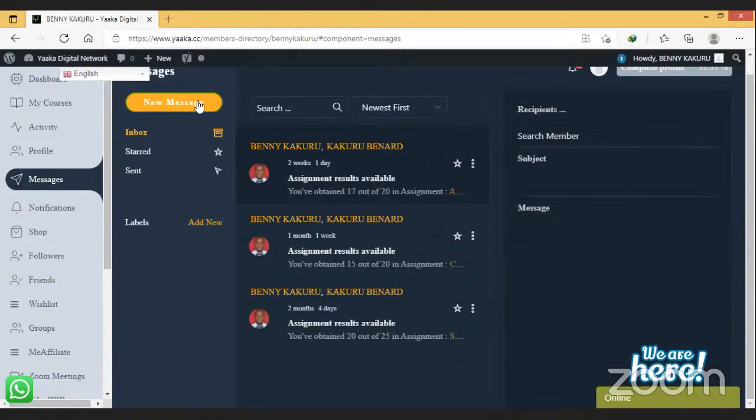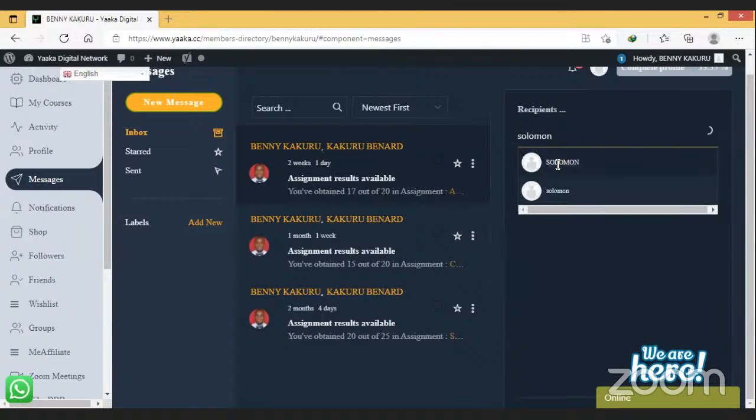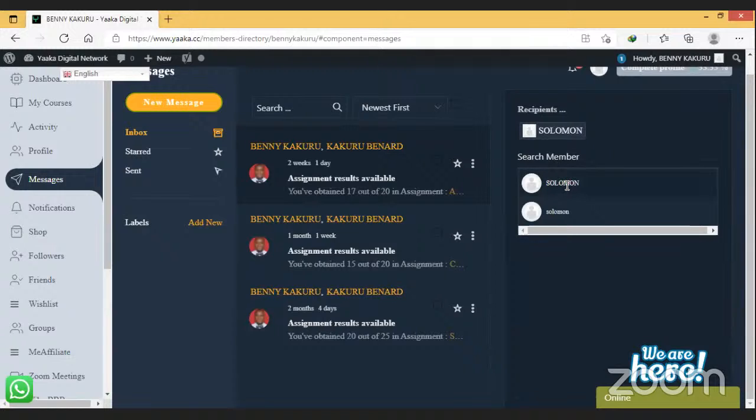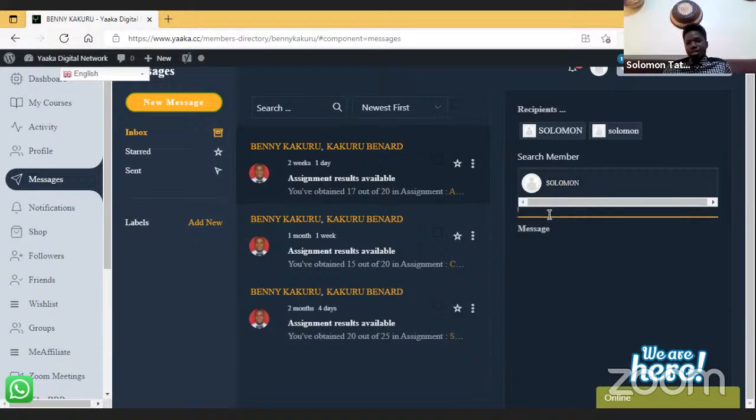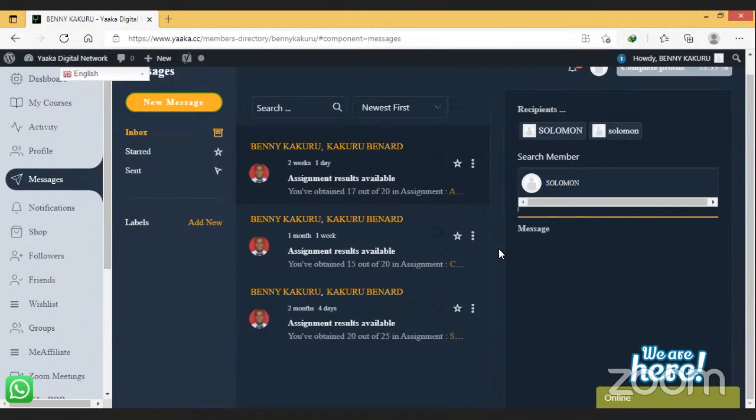So I compose. I search for Solomon again. You've chosen all of us, huh? It is okay. I don't know which one is which, but we shall know who is Teacher Solomon.